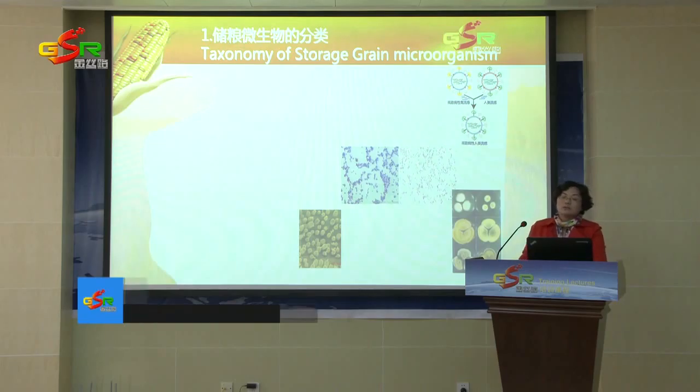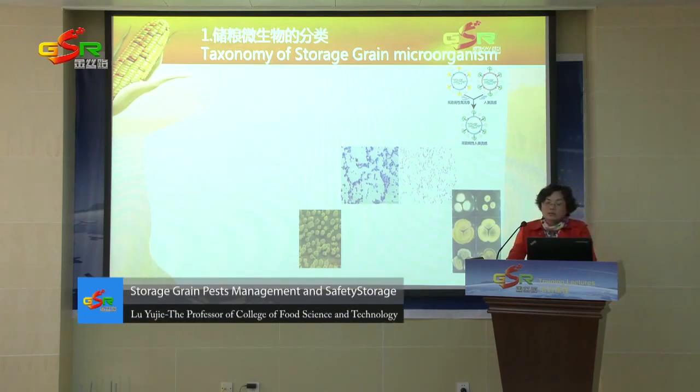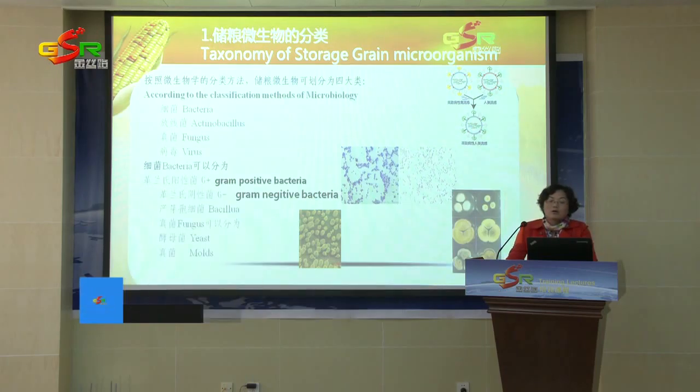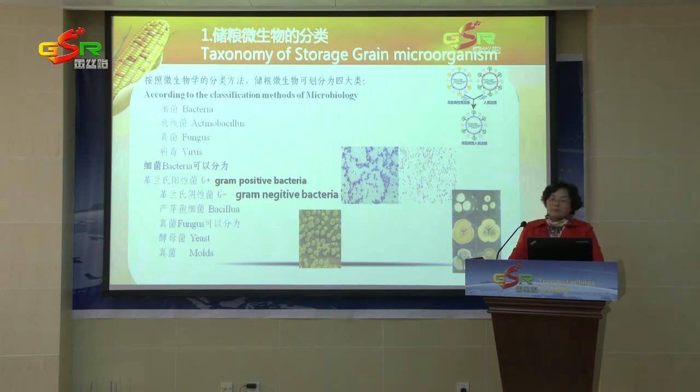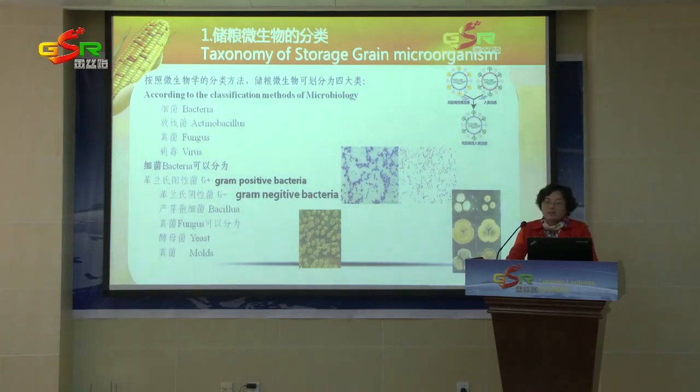First, we learn about the microorganisms in grain storage. According to the classification methods of microbiology, we can divide microorganisms into bacteria, actinomycetes, fungi, and viruses. The bacteria we can divide into three types. We all know Gram-positive and Gram-negative bacteria.